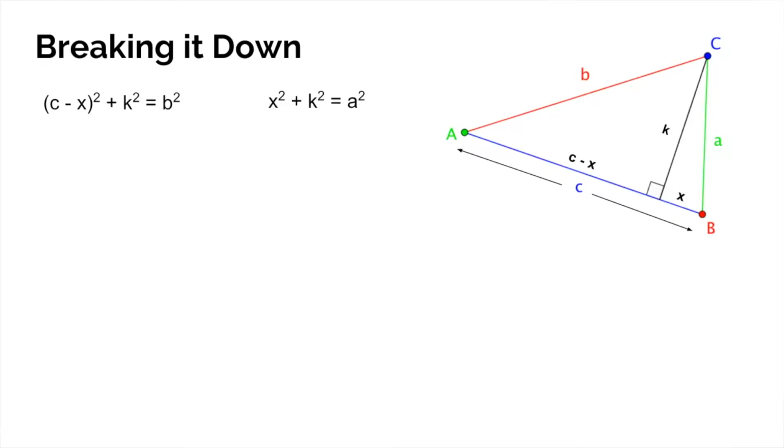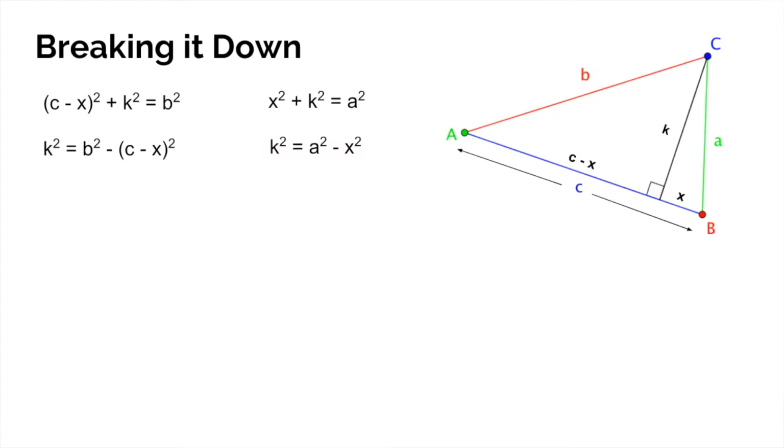Notice that both of these equations contain k squared, so now let's solve each equation for k squared. The first one now looks like k squared equals b squared minus c minus x squared, and the second equation looks like k squared equals a squared minus x squared. Now that both equations are equal to k squared, we can set them equal to one another.